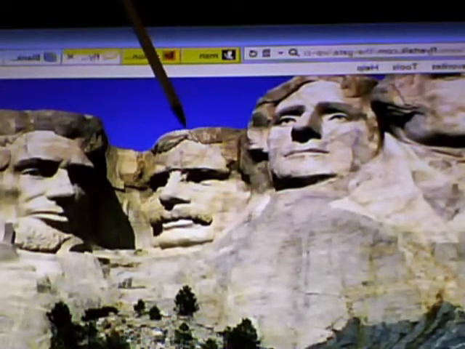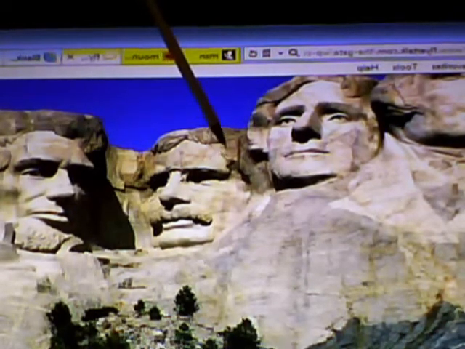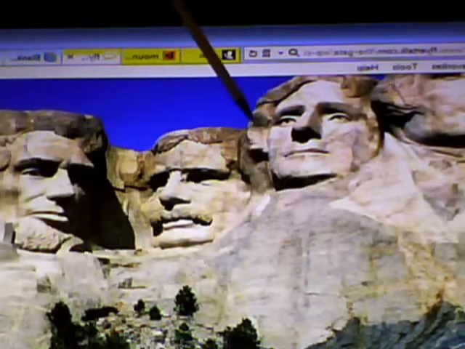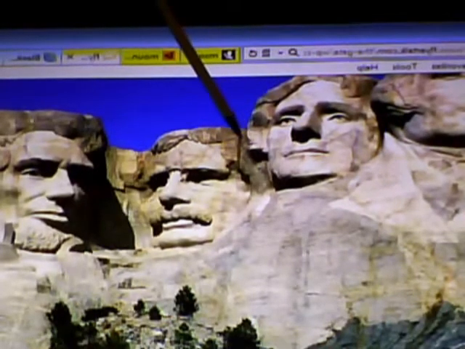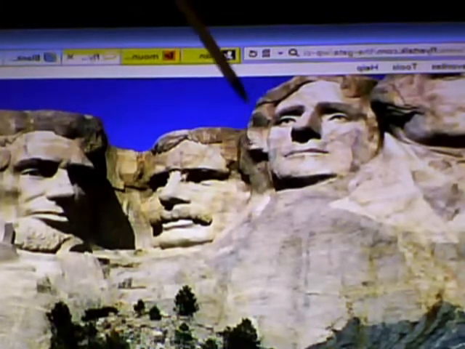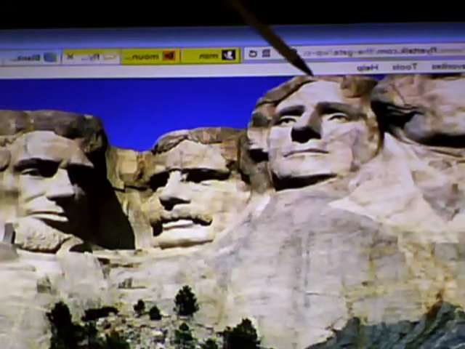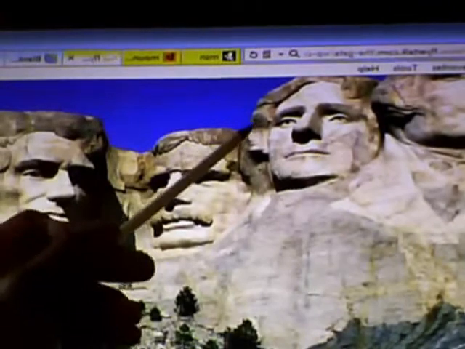Here's the shirt sleeve, and then the shirt sleeve turns into the robe sleeve there. There's the robe sleeve, and then there's the Klan face here. Here's the Klan member's eye. It's a ghostly image of a Klan person. There's the nose. There's the mouth. There's the chin. There's the underlay of the robe from underneath the neck. And here's the cap going over the head of Thomas Jefferson.